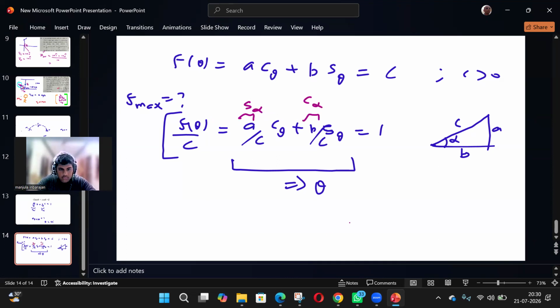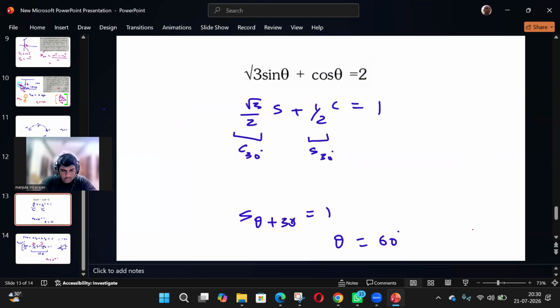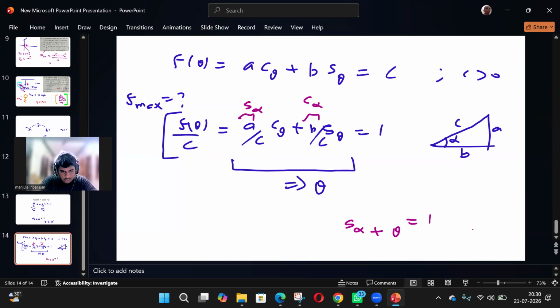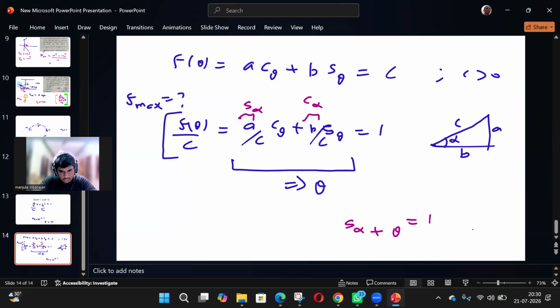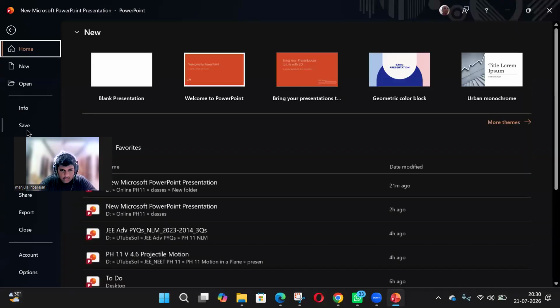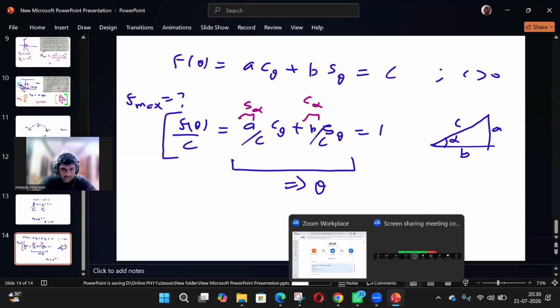So this becomes sine of alpha plus theta equal to 1, which means alpha plus theta is 90 degrees. So if one of the angles is 60 or 30, the other one is 60. Understood? Yes, sir, understood.